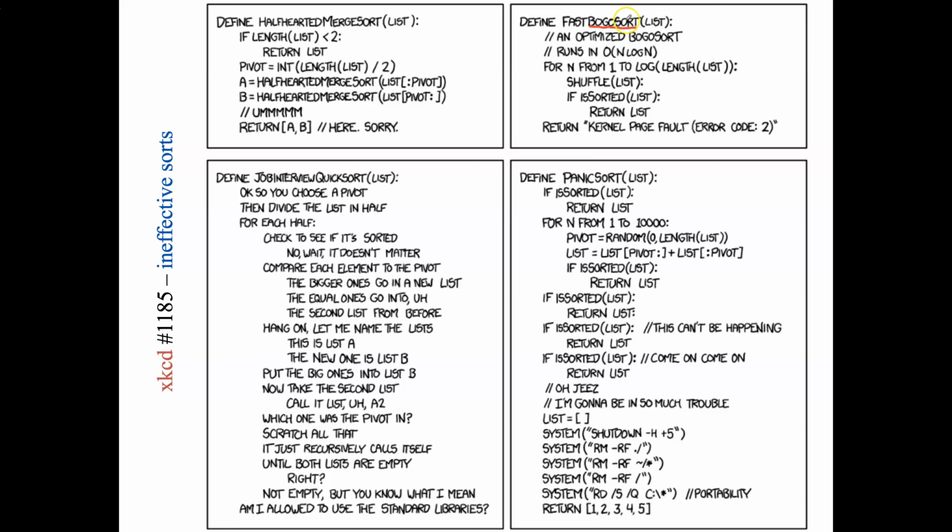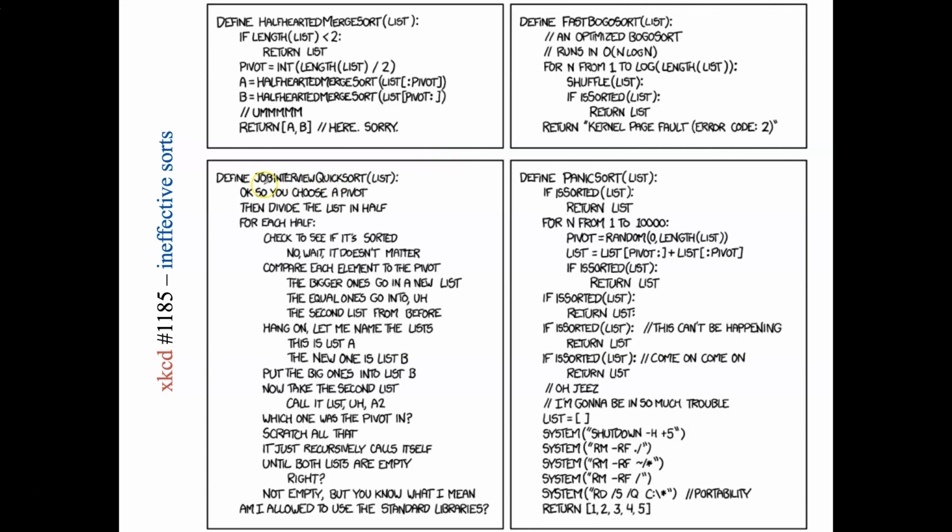It's not even guaranteed to finish because the way BOGO sort works is by repeatedly shuffling an input sequence and checking to see if it's been sorted yet, if it just happens to have been put in the correct total order. And if it hasn't, it just keeps shuffling it until it has been sorted. But this is a fast implementation of BOGO sort, only shuffling a list log n times.